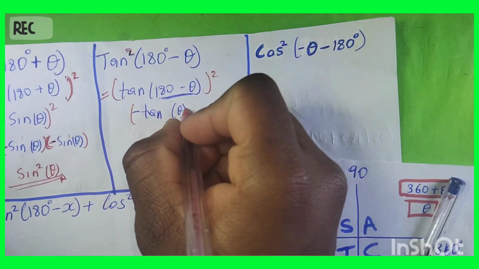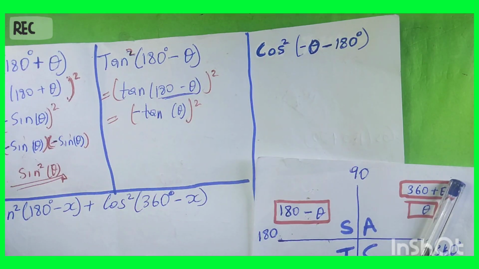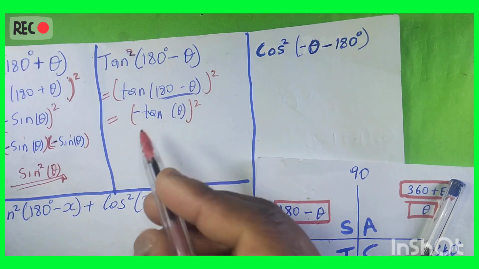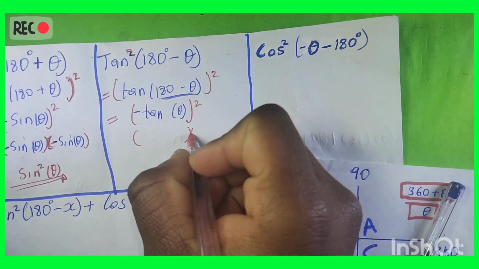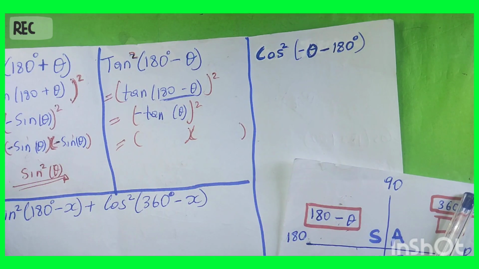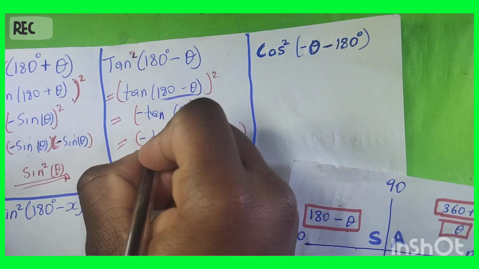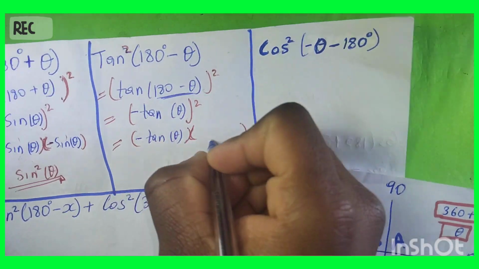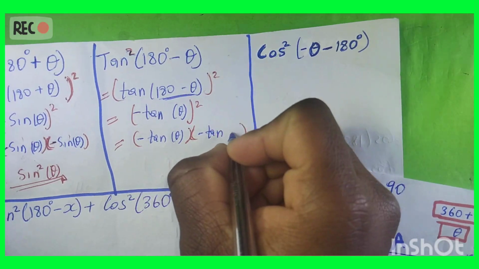But now this thing, guys, that 2 is still outside the bracket there. And now what I can do, guys, that 2 represents this thing twice, something like this, meaning here it's negative tan theta, negative tan theta.